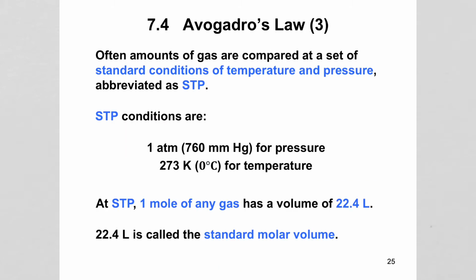Now, one consequence of Avogadro's law is actually very interesting, and it's not very intuitive. It's what we call the standard temperature and pressure conditions, or STP conditions. Under STP conditions, something very interesting happens. First, let me tell you what STP conditions are. Standard temperature is 0 degrees Celsius, or 273 Kelvin, and a pressure of 1 atmosphere.